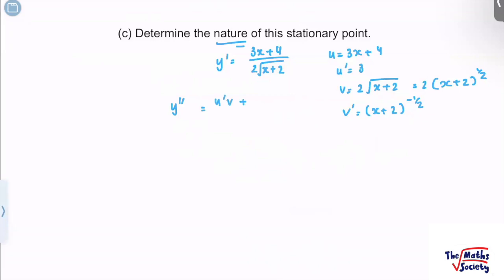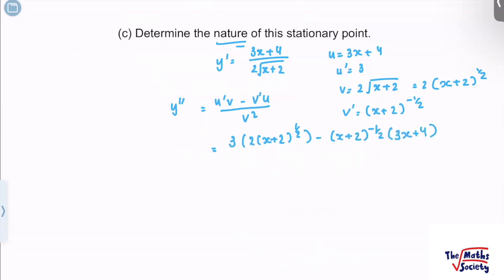It's u prime v plus, I'm sorry, this has to be minus v prime u, divided by v squared. So that's u prime v, which is 3, and then v, which was 2 times (x plus 2) to the half, minus v prime, which is x plus 2 to the minus half, and u was 3x plus 4, isn't it?